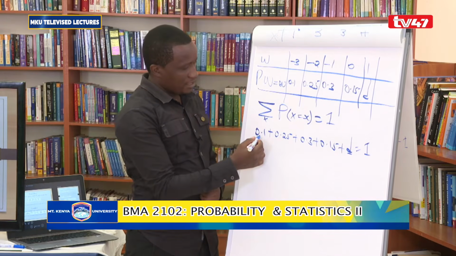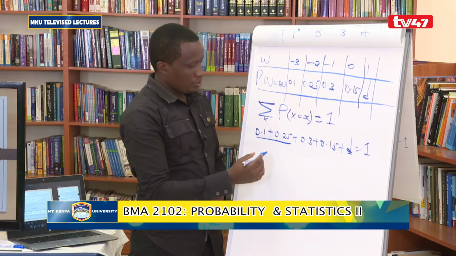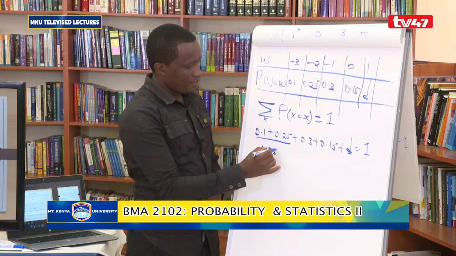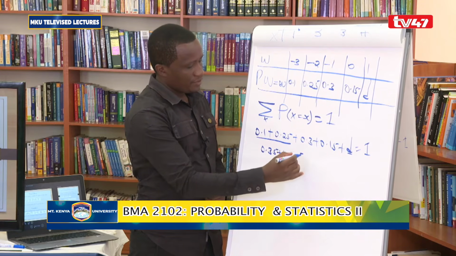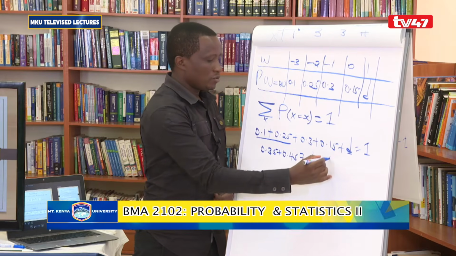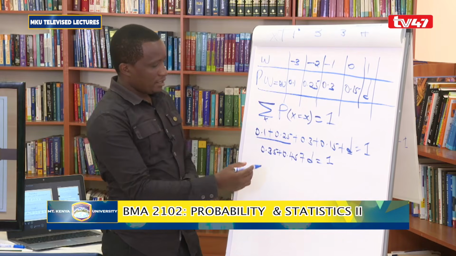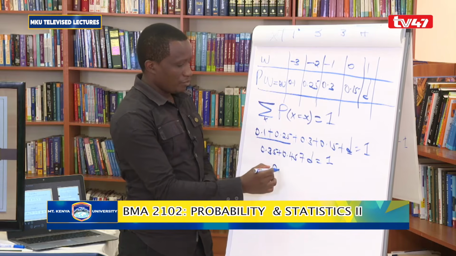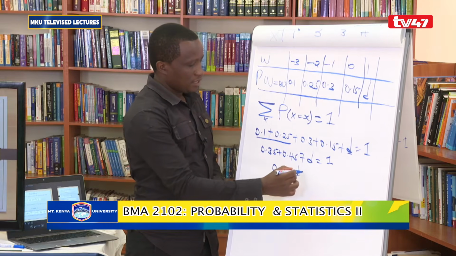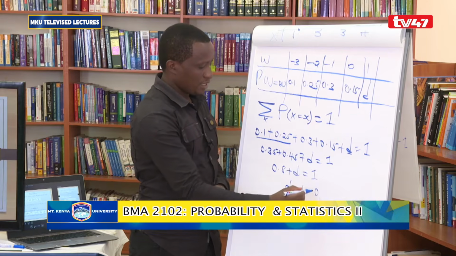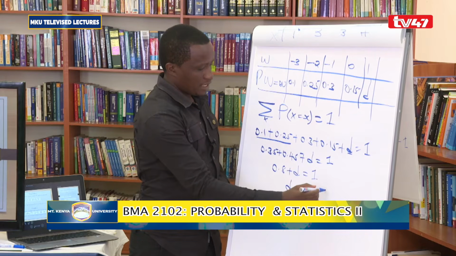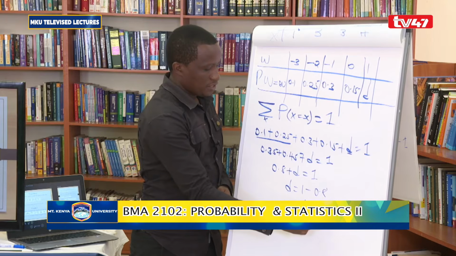If you add all through, you get 0.35 plus 0.45 plus D is equal to 1. And then this now becomes 0.8 plus D is equal to 1. And therefore, D must be 1 minus 0.8, and therefore, D is 0.2.